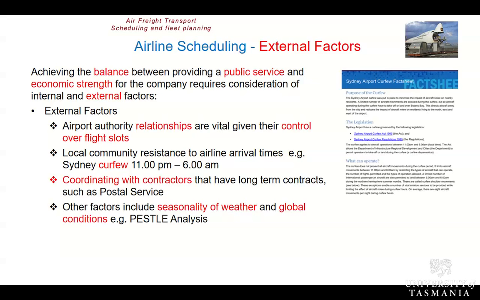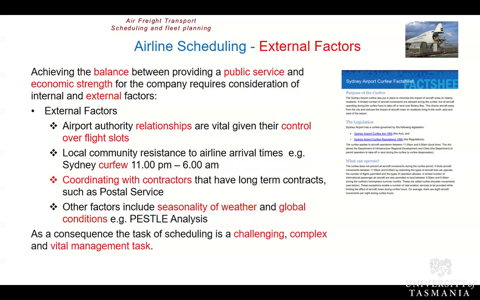Obviously, if you're an airline scheduler, you would be monitoring very closely the trade implications of the China-US trade dispute, because what we've seen in the past is that as countries move into a recession, it has a considerable negative impact on the movement of air cargo.